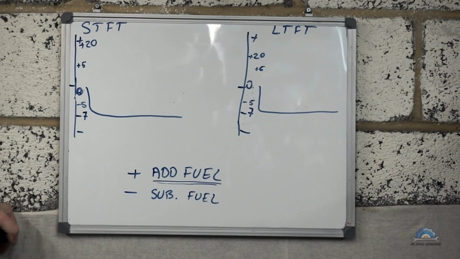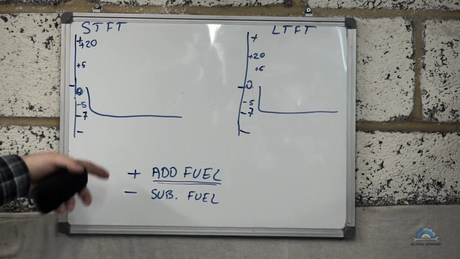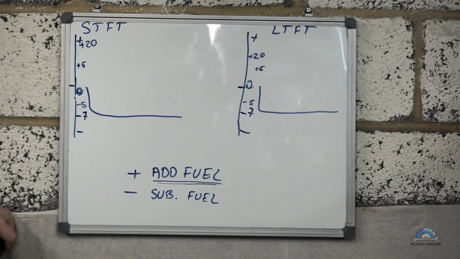So positive fuel trims are very common. Second thing, bad fuel delivery, like a clogged fuel filter, weak pump, pressure regulator, or vacuum control to the pressure regulator is bad. Later, MAF. So those are the 3 main causes of bad fuel trims.